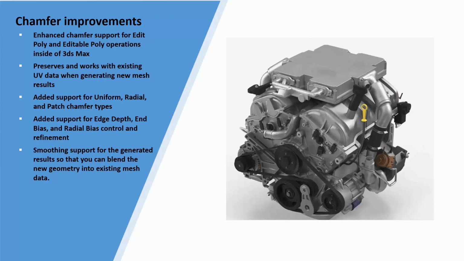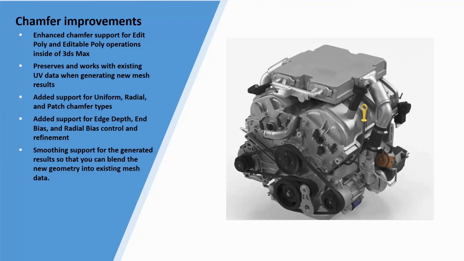There's added support for new chamfer technology to the vertex, edge, and face level component modes of the edit poly and editable poly objects. Users can now utilize the benefits of 3ds Max's leading chamfer tech to add detail and refinement to their poly models.